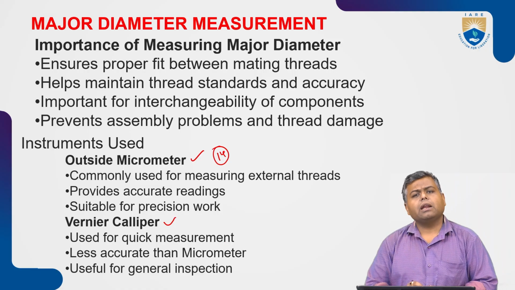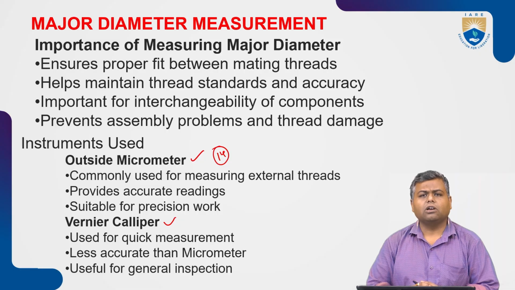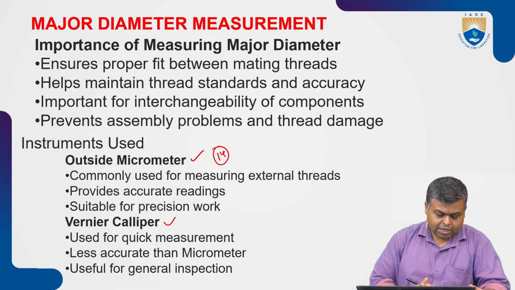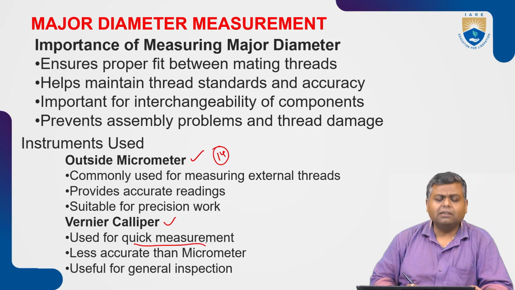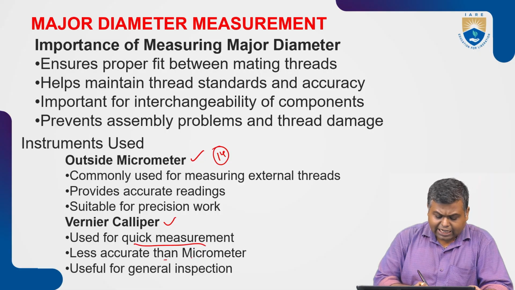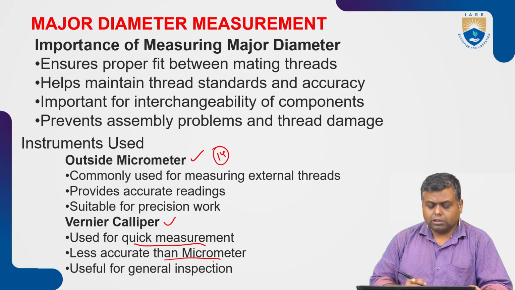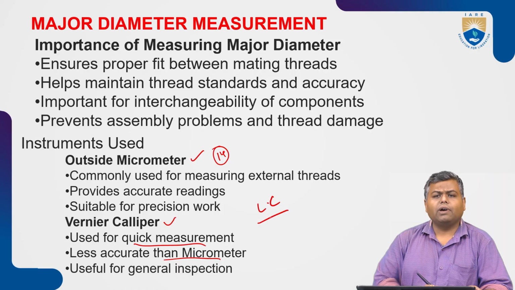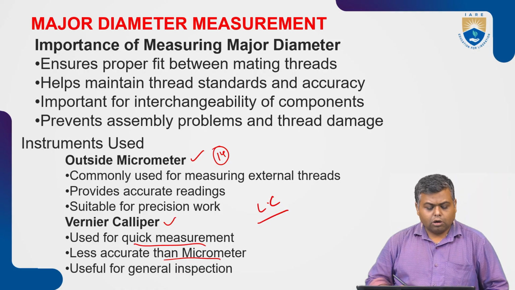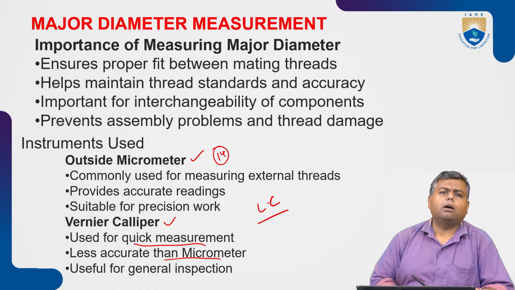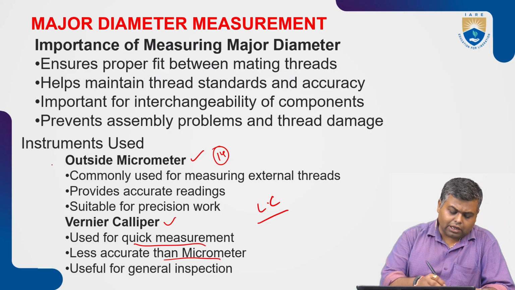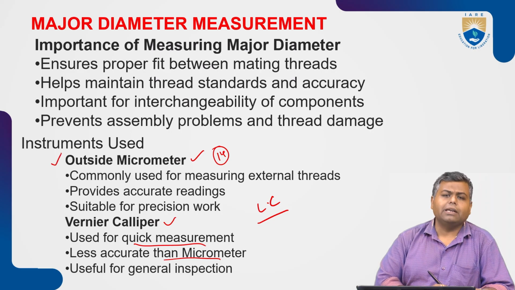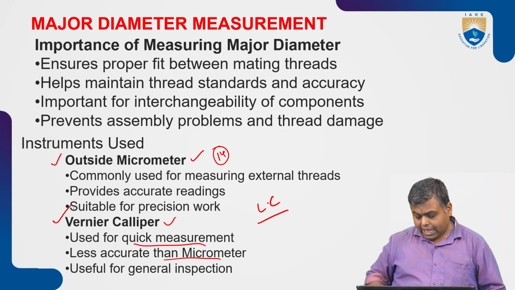The vernier caliper has two different legs, one for outside measuring and one for inside measuring. It is used for quick measurement. It is less accurate than a micrometer because of the least count. It is useful for general inspection. So the instruments used for measuring the major diameter are the outside micrometer as well as the vernier caliper.